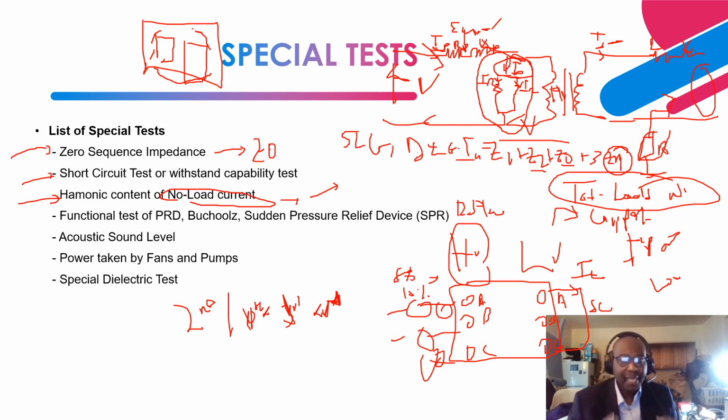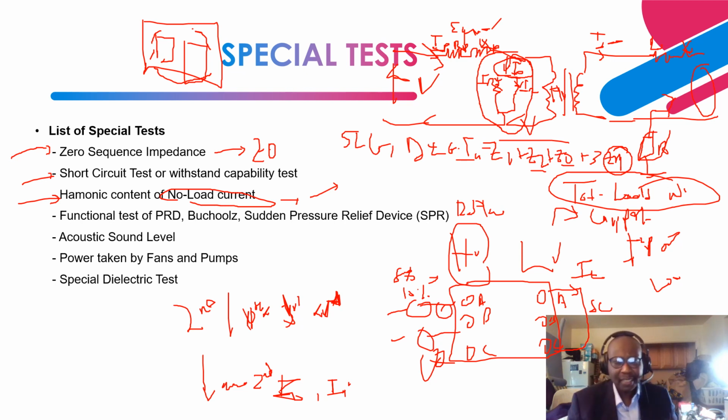We can utilize the richness of the harmonic content to differentiate between an inrush current condition and a true fault condition, because a true fault condition has a lower amount of second harmonic current and fourth harmonic current.